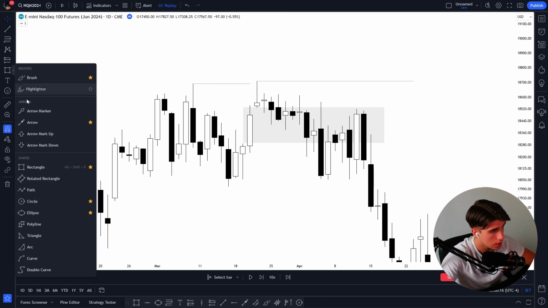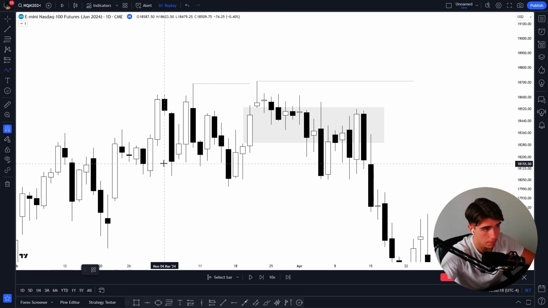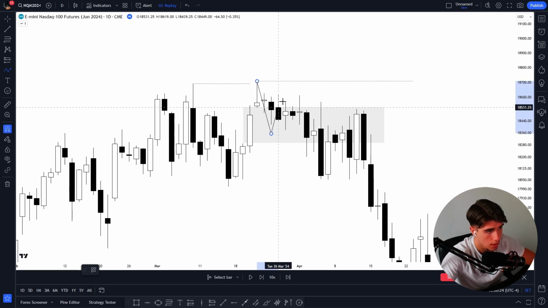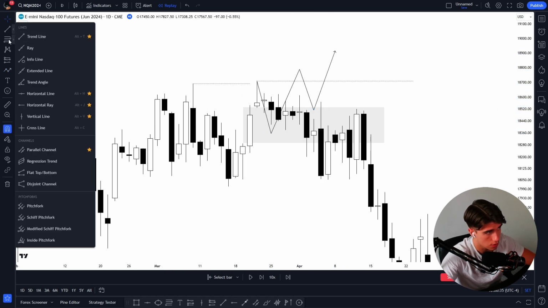So essentially what should happen if we were in a bullish market is that we hit external range liquidity, we come down, tap internal range liquidity, then come back up and sweep external range liquidity, come down, hit internal range liquidity, come back up and sweep external range liquidity again.